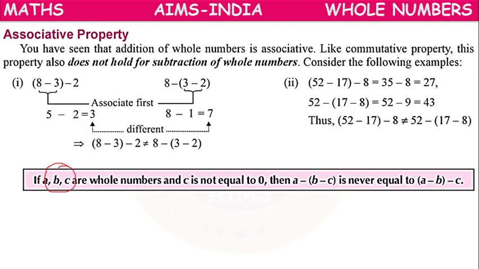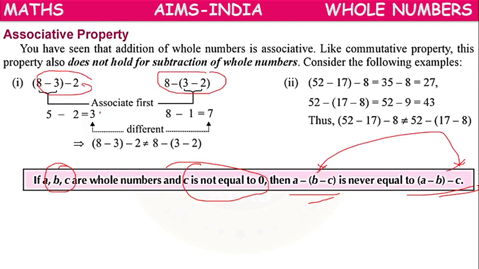If a, b, c are three numbers, c not equal to 0, the difference of three numbers is different if we change the order. If we associate the first and second first, or the second and third first, then the result is different.